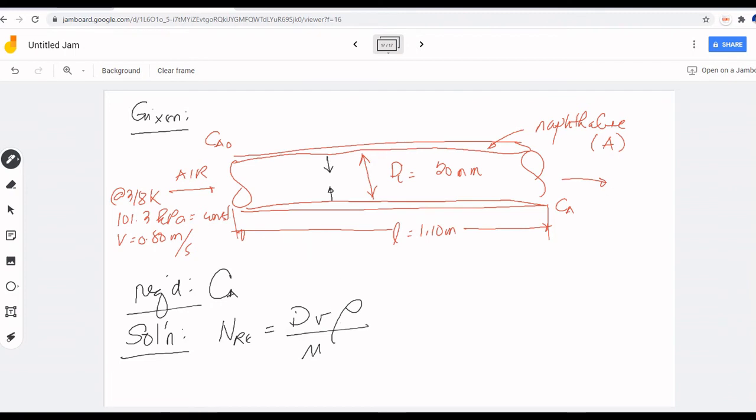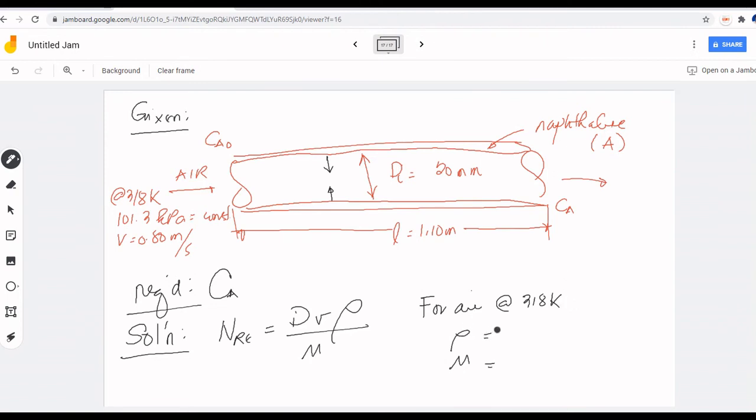The Reynolds number is based on our fluid. So for air, since our air is at 318 Kelvin, you are to look for the value of the rho and the viscosity from the appropriate property table or the appendix from a particular book.